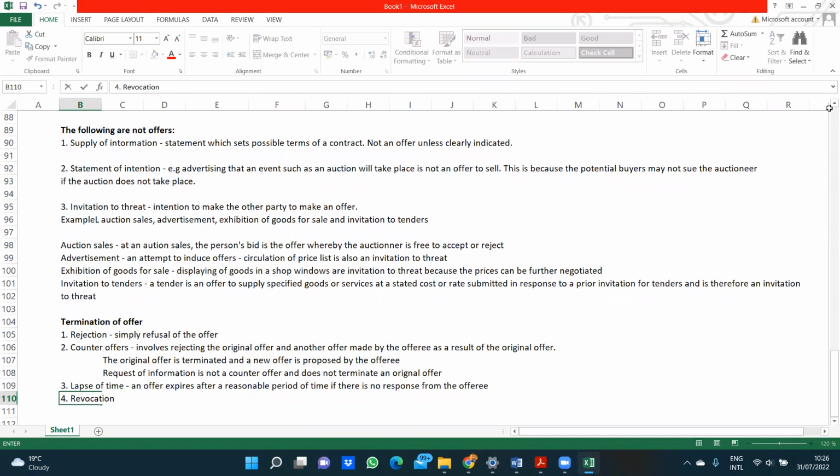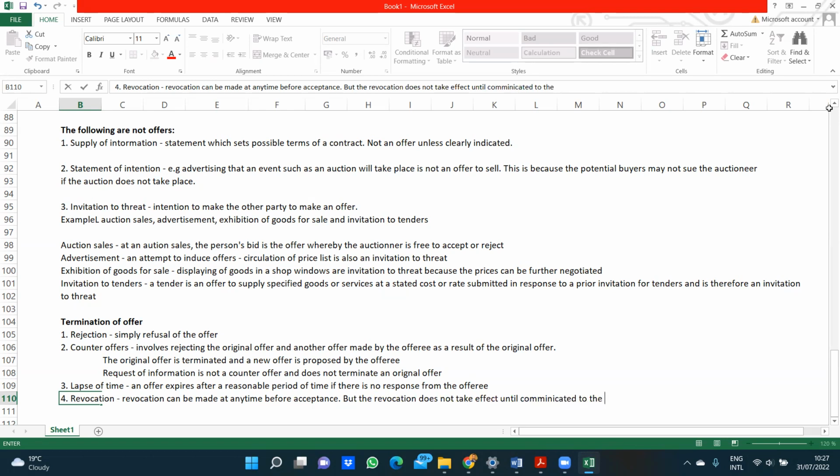Revocation can be made at any time before acceptance, but the revocation does not take effect until communicated to the offeree.